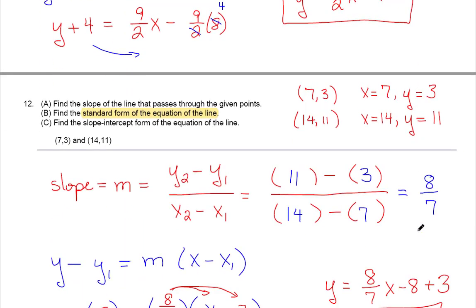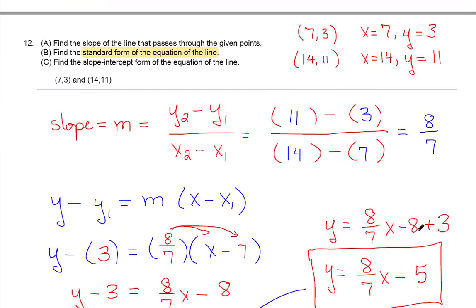Question 12. We'd like to find several things. Find the slope of the line that goes through these 2 points. Find it in slope-intercept form and in standard form. 3 things. Let's see. My slope. My slope formula is y2 minus y1 over x2 minus x1.